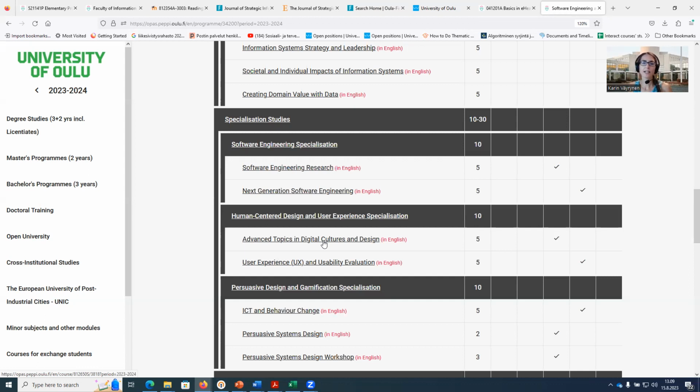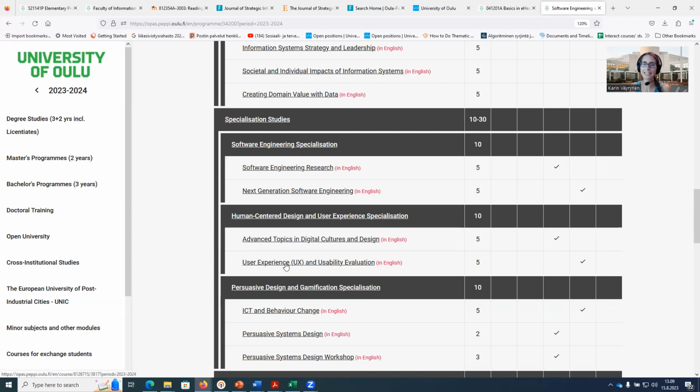If you would, for example, take 2 of the orientations in full, let's say you take software engineering specialization and human-centered design and user experience specialization, and both of the courses of the specialization in full, then you will have listed in your degree actually 2 specializations, but it will reduce the amount of optional studies that you're then still expected to take.